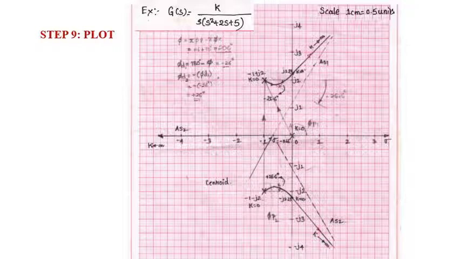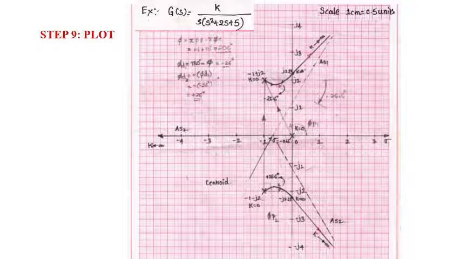Most often I have seen that students forget to write this, and they get confused later about which question the diagram belongs to in their notes or references. So I suggest you write it here itself, and it will tell us which type of problem this is talking about. So this is a system with 3 poles: 1 pole at the origin and 2 complex poles.